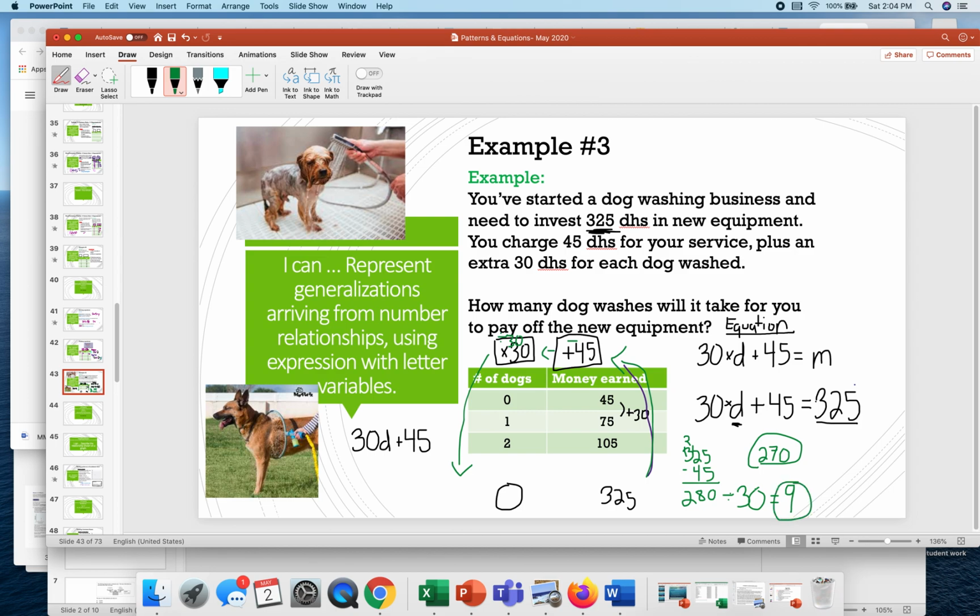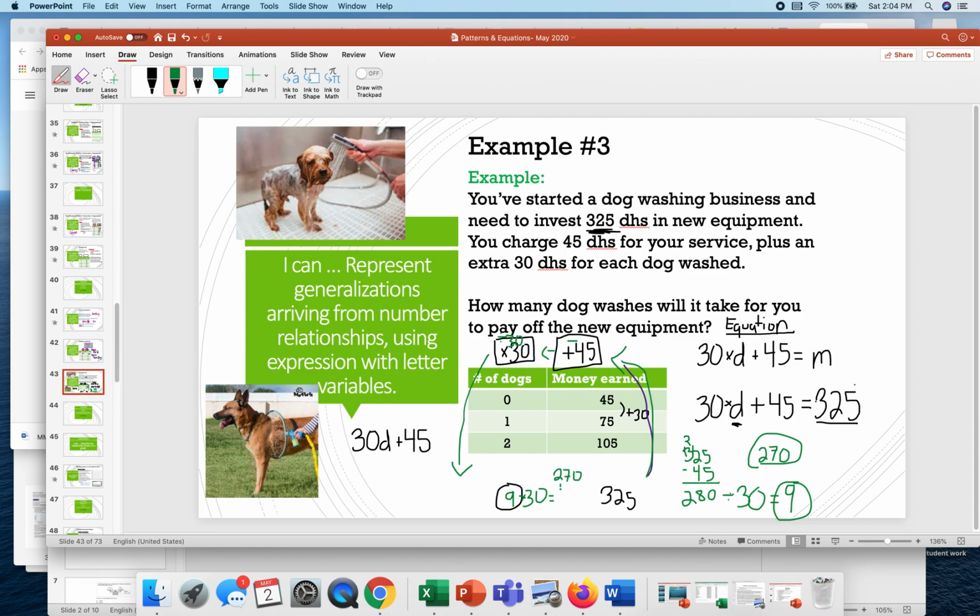So I know that, well, I guess it's not even 325. It's a little bit less, right? If I wash 9 dogs, we can even figure this out. If I washed 9 dogs times 30, we'll check our work, gives us 270.